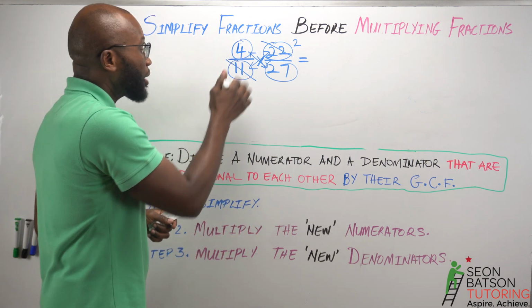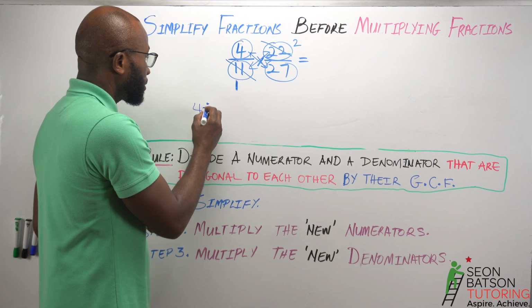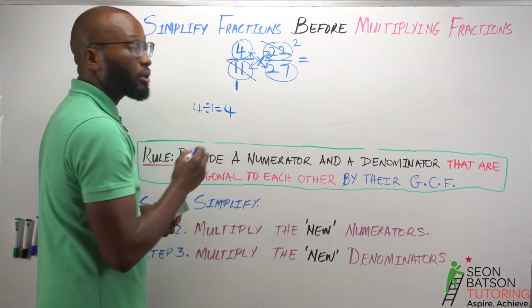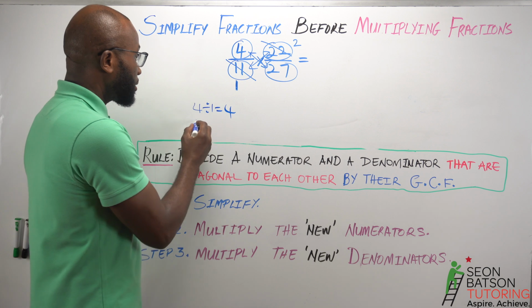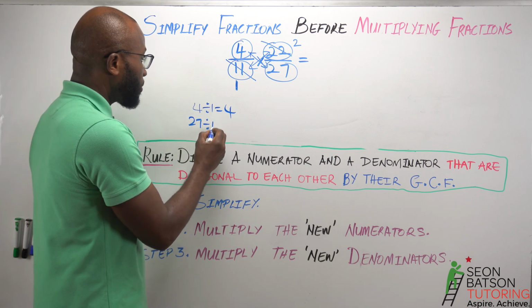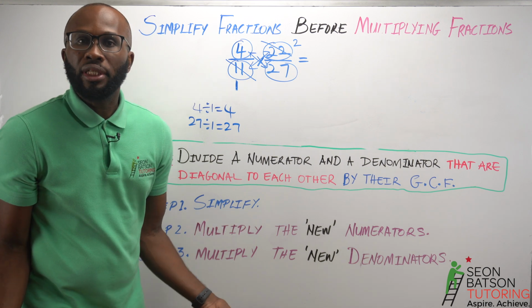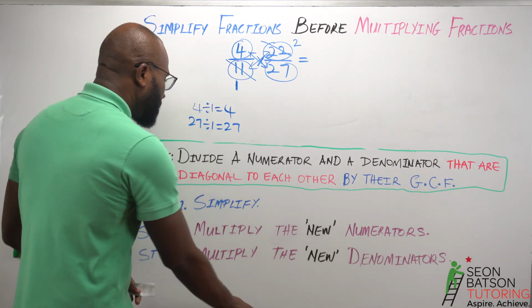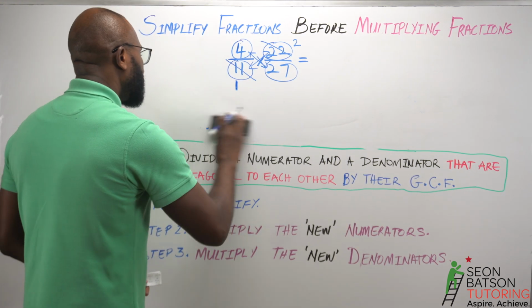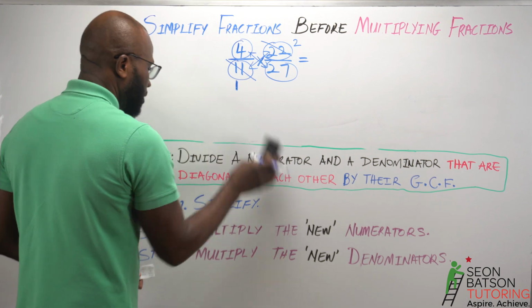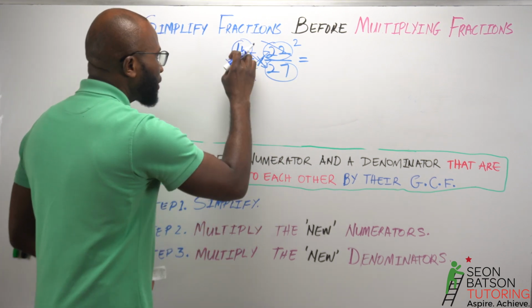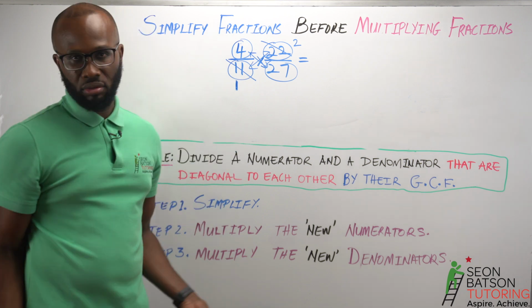Because 4 divided by 1 is still 4. Yes? And 27 divided by 1 is 27. So dividing by 1 wouldn't change anything. So whenever the greatest common factor for the numerator and the denominator is 1, we will leave the numerator and the denominator alone.